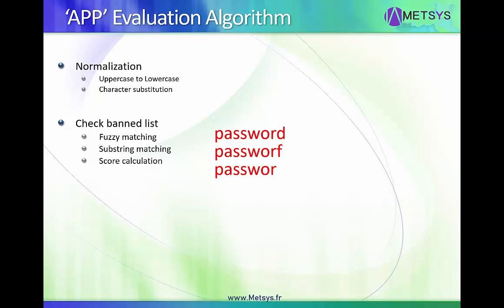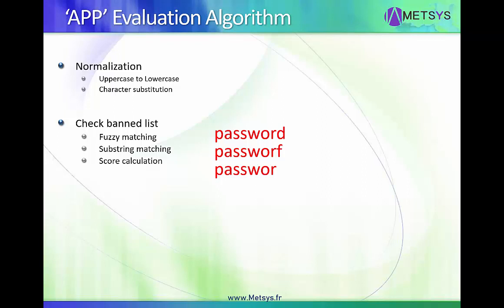And the third one is password without the D. It is quite common among users that in order to have a new password, they just add a character, or they simply remove a character. As we said, the password policy will not be able to decide on this one, and we need Azure Password Protection to find and ban passwords like this. This is fuzzy matching, and that's how we decide, and the password will be rejected.